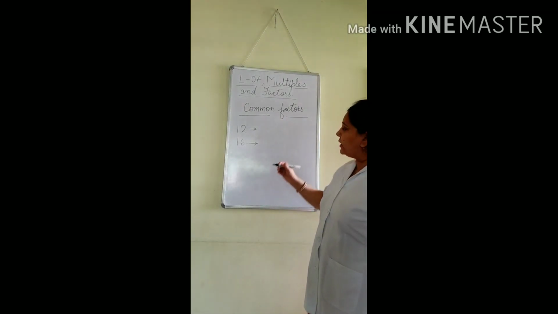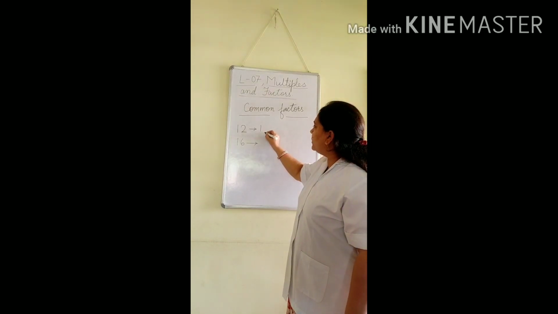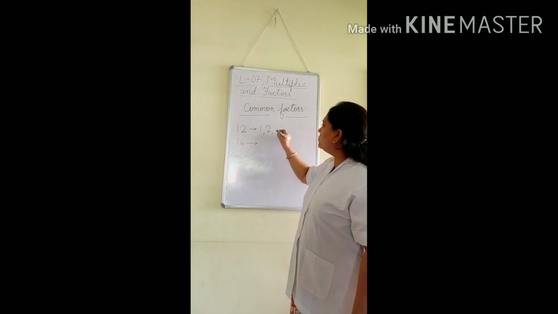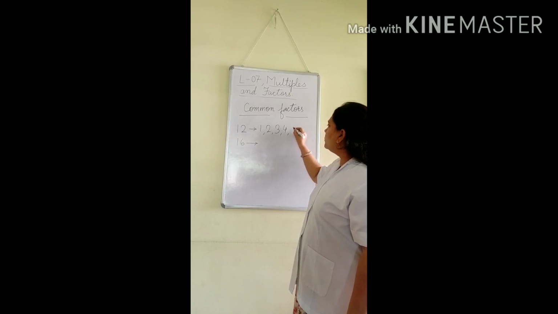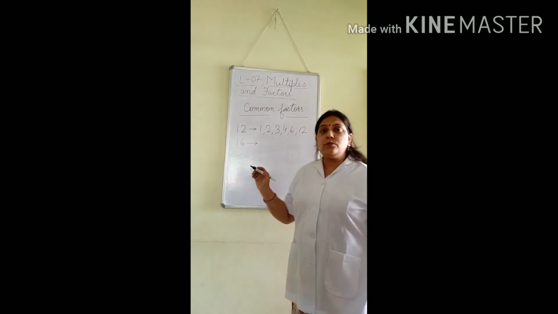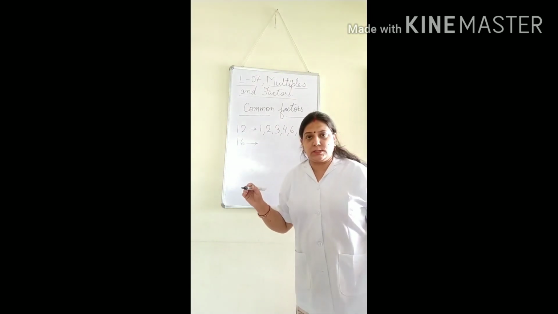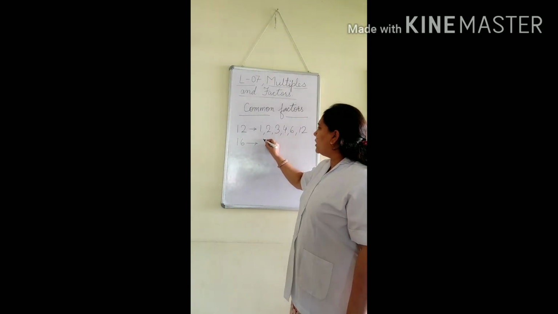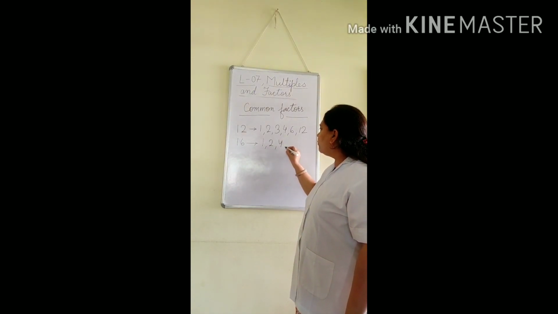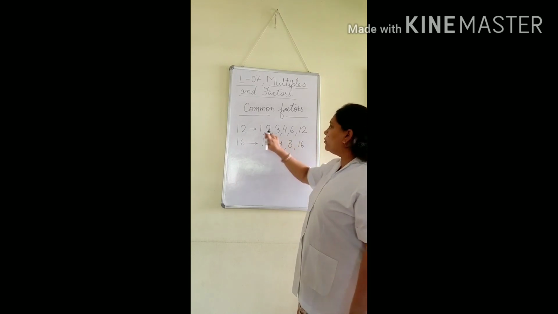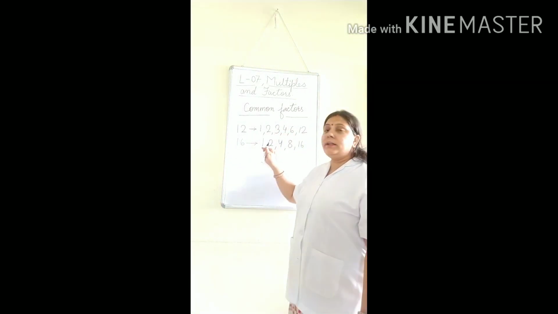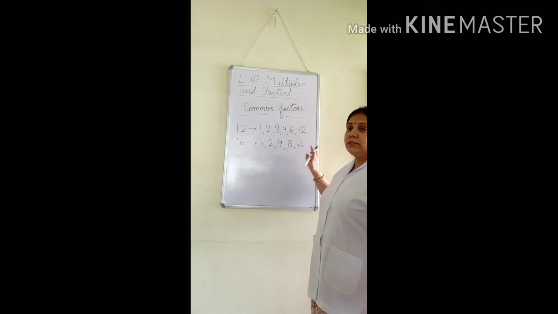The factors of 12 are 1, 2, 3, 4, 6 and 12. Factors of 16 are 1, 2, 4, 8 and 16.